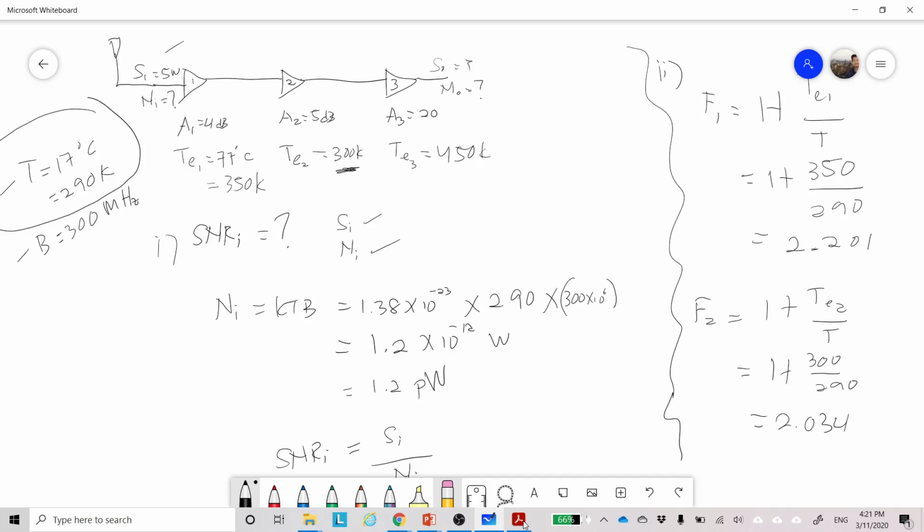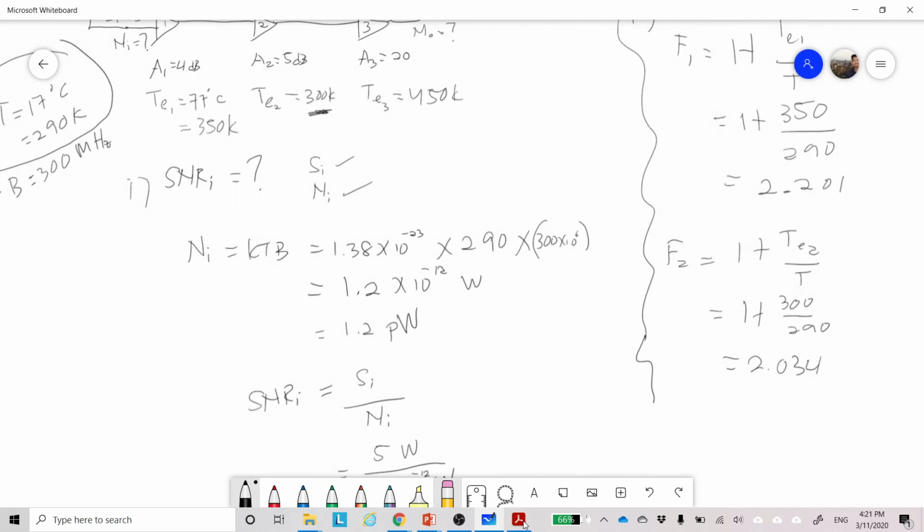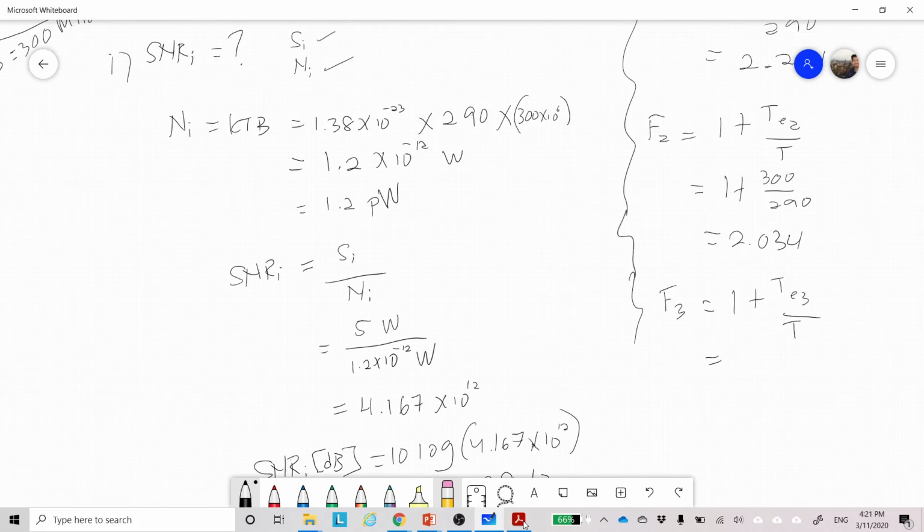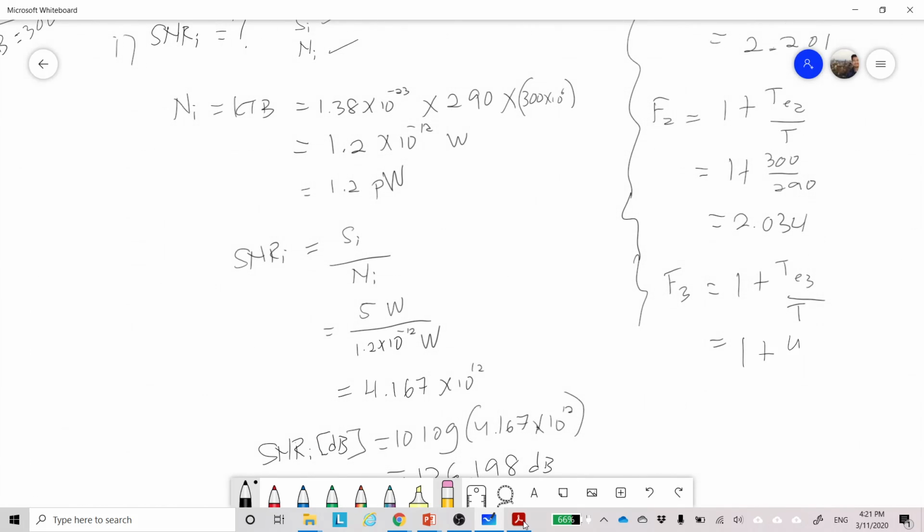And then untuk third amplifier F3, so F3 bersamaan dengan 1 tambah TE3 dibahagikan dengan T. So you akan dapat 450 tadi. So 1 tambah 450 dibahagikan dengan 290, so you akan dapat 2.552.